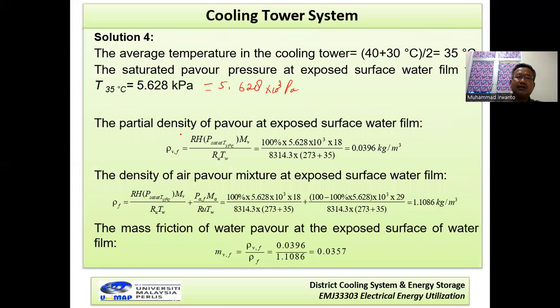So we can calculate it using the formulation rho Vf is equal to RH P saturated at 35 degrees Celsius MP over RU TW.